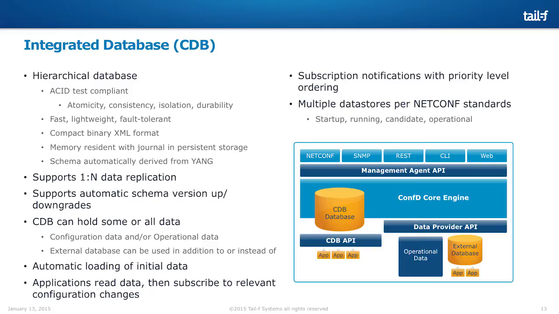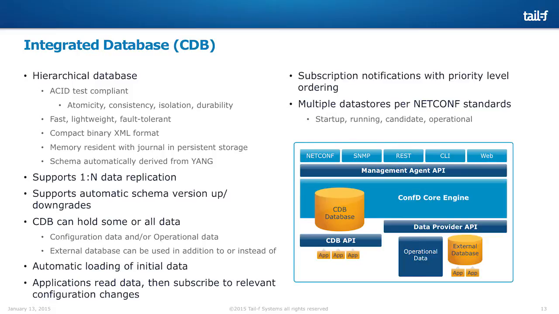You can have multiple applications at the same priority level that we will notify in parallel, but once all subscription handlers at one priority level are complete, we'll move on to the next lower priority till all subscribers have been notified and have completed, and then that transaction processing is completed.